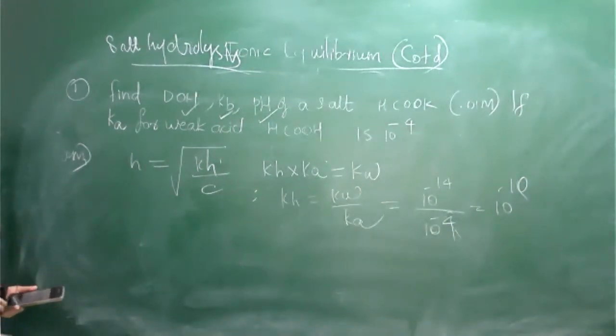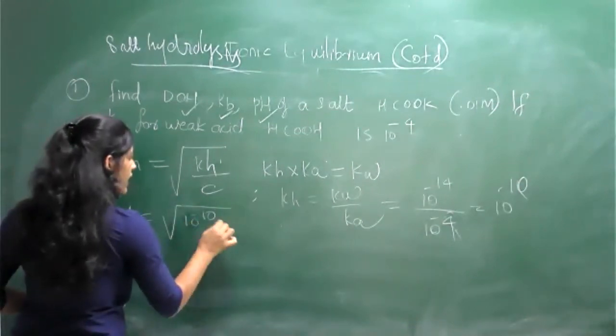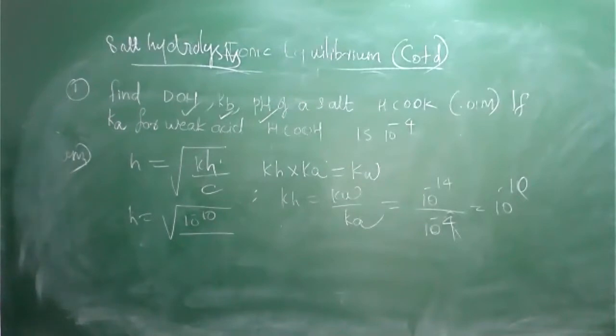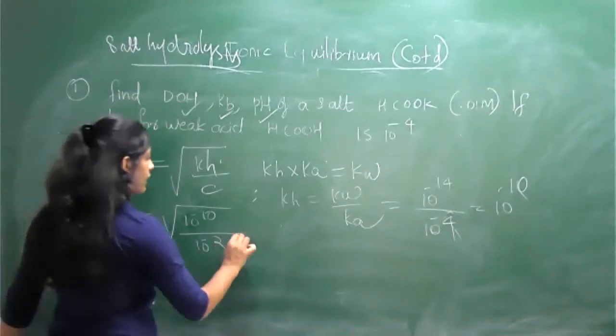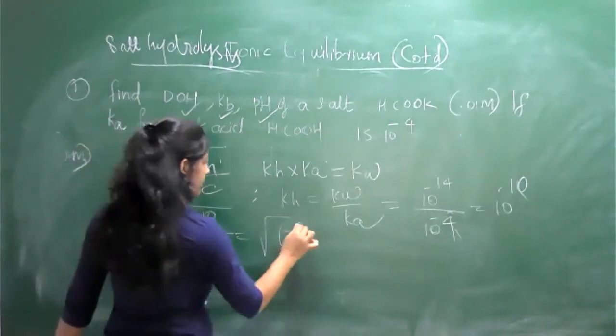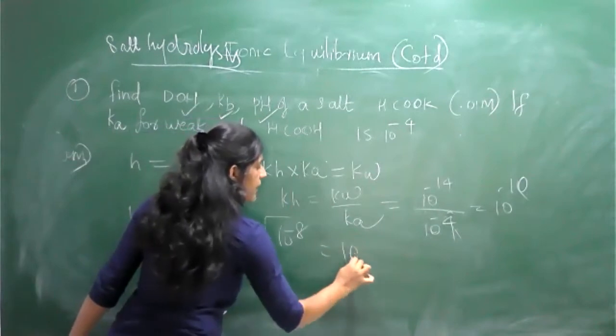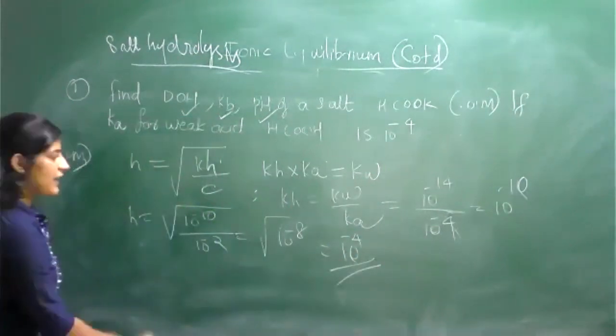Substitute directly. H is equal to, how we can substitute? 10 to the power minus 10 upon concentration, 10 to the power minus 2. We will get 10 to the power minus 8, which is equal to 10 to the power minus 4. So H you find it out.